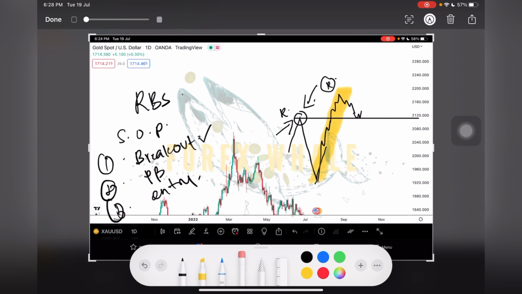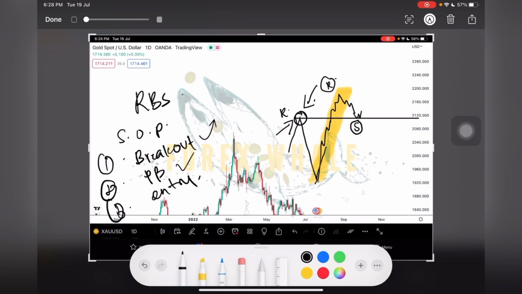The second way is wait for the breakout, and then you wait for the pullback. So you have the breakout highlighted here, and then you have a support created on the same level as the resistance here.